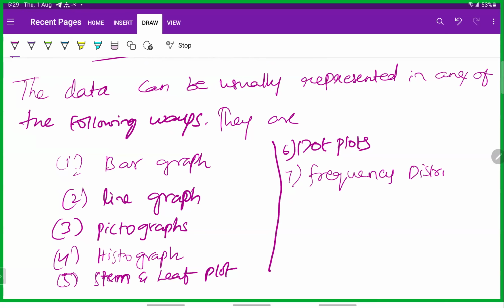And the last one is cumulative tables and graphs.